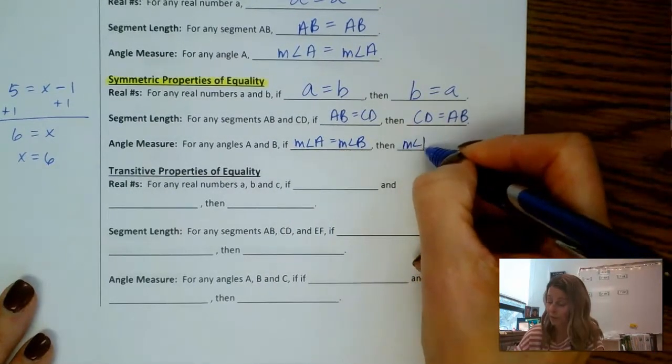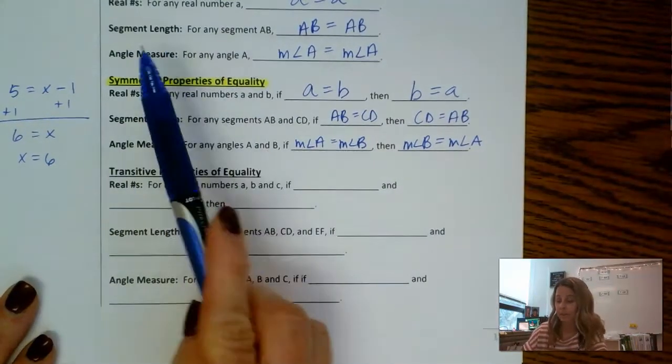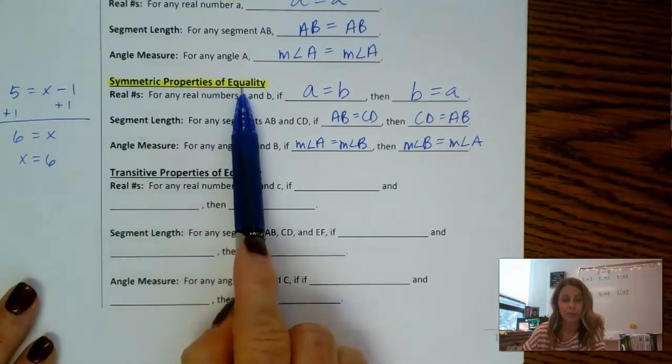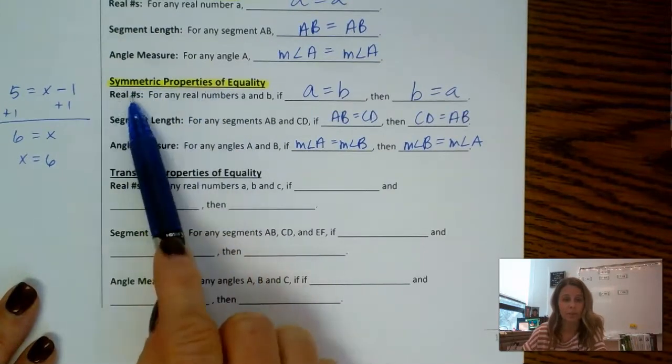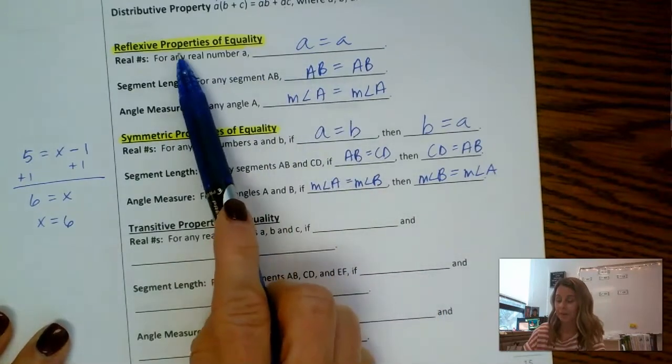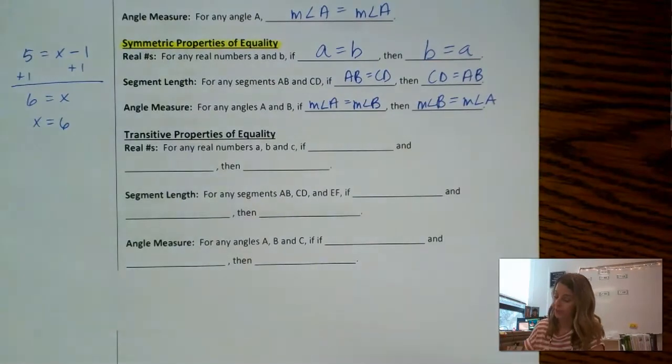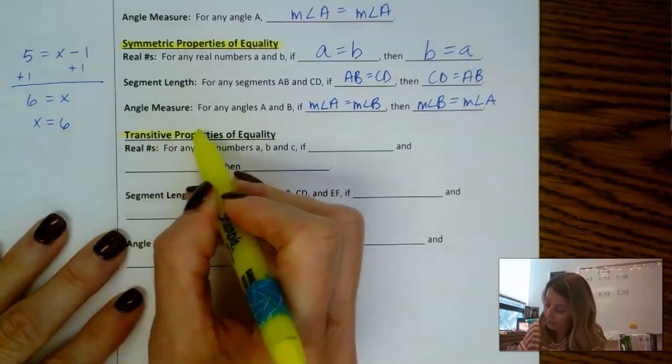Then the measure of angle B equals the measure of angle A. So I always think symmetric switches, the switching property. Reflexive is just itself, symmetric switches.